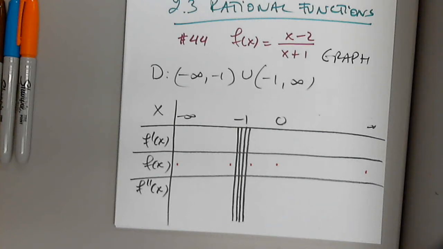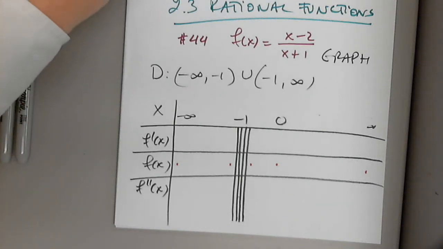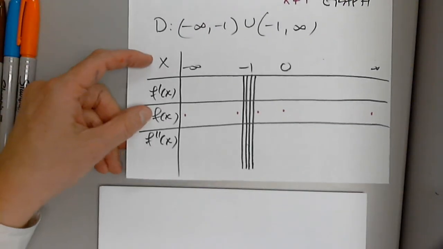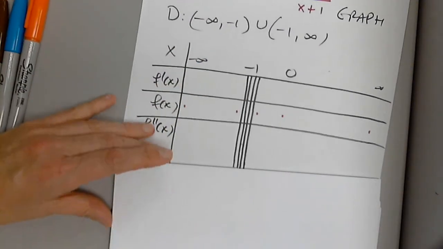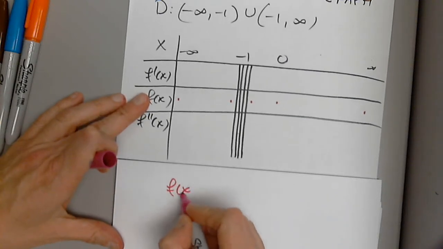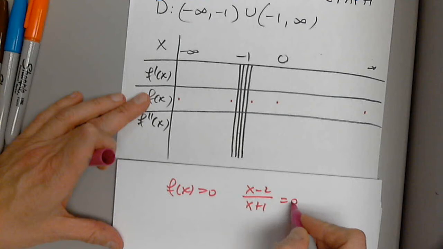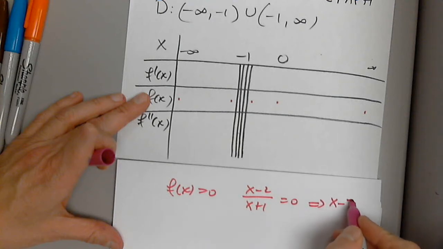When is this function 0? When is a fraction 0? Exactly, very good. So I'll write f of x is 0. x minus 2 over x plus 1 is 0. It must be that x minus 2 is 0 or x equals 2.